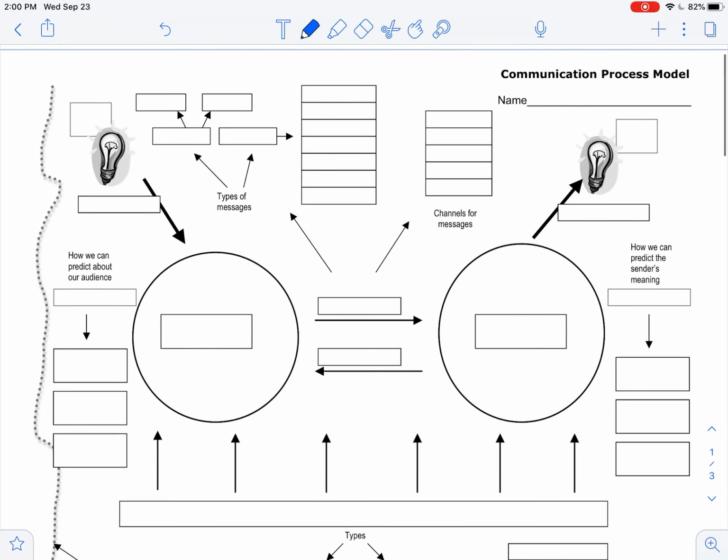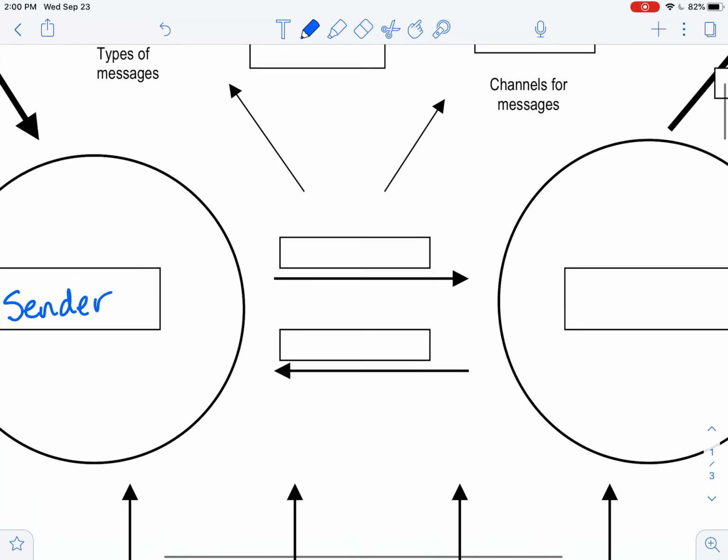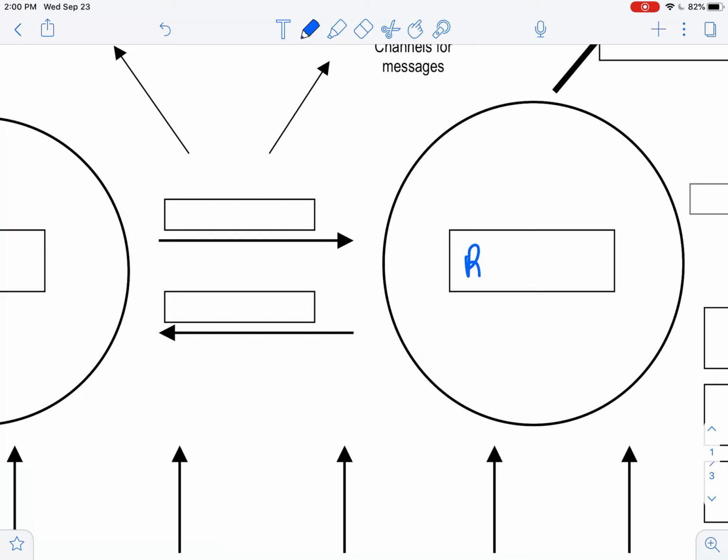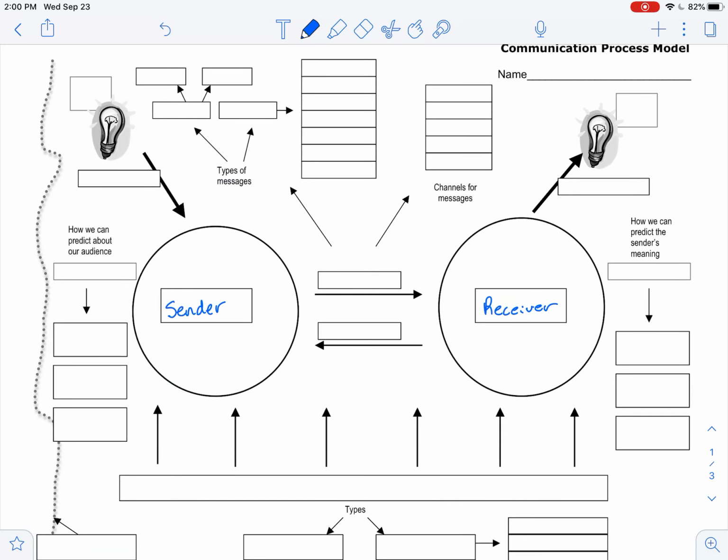it has a sender, it has a receiver, and there's a message. But as you can see, that's not where it ends. There's many other factors, and I think one of the most important factors is that it's not linear.